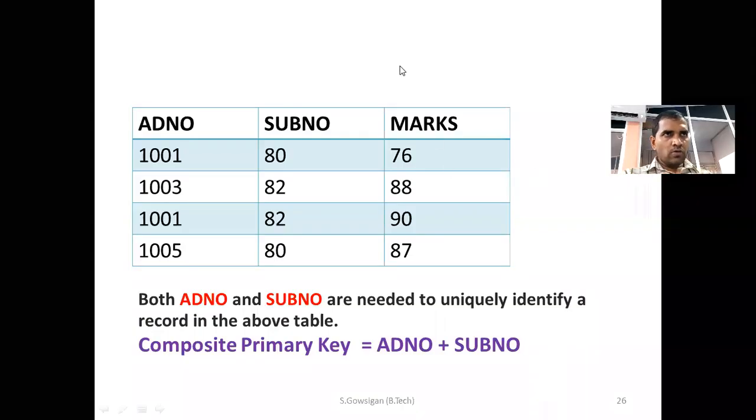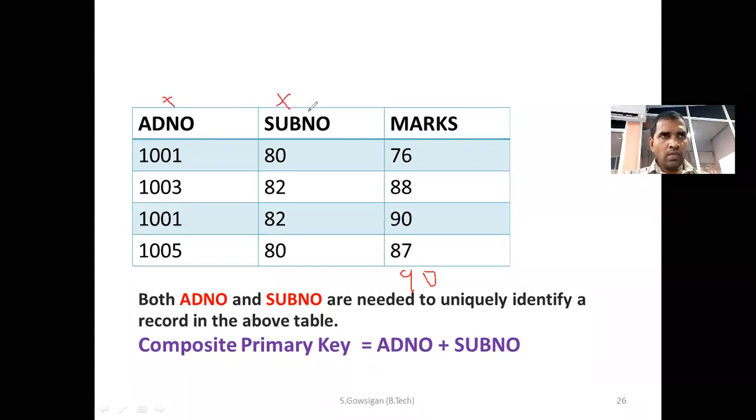Right. So what about this? If 90 is repeated, can you select marks as a primary key? No. So now none of the fields have the eligibility to become a primary key. Admission number not, because, sorry, it has duplication.